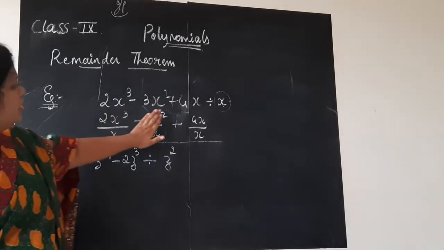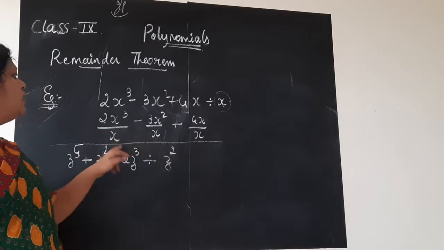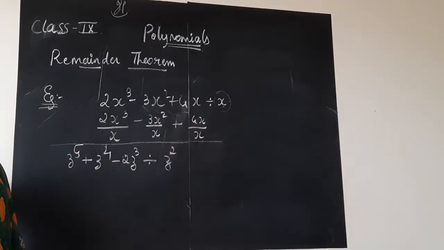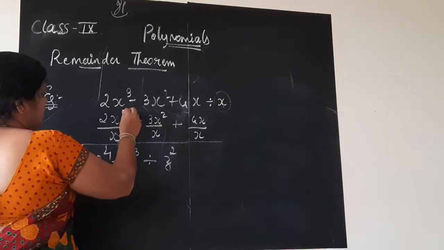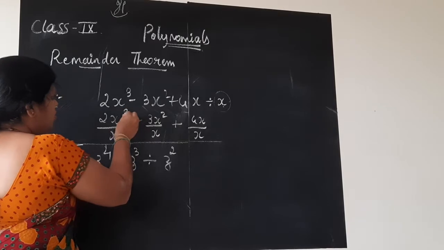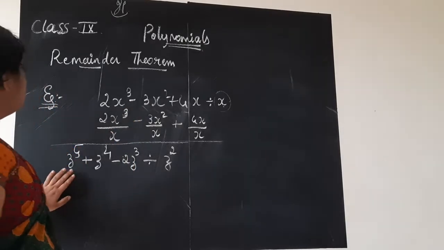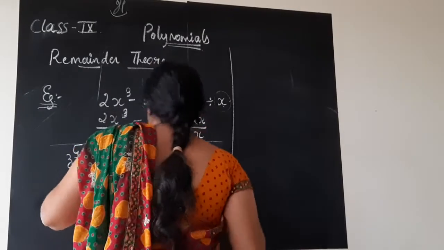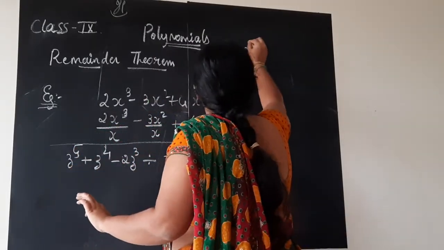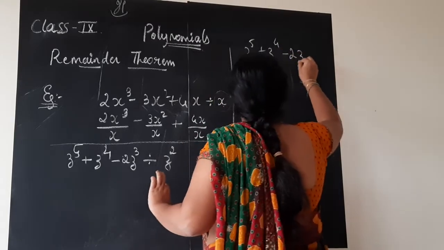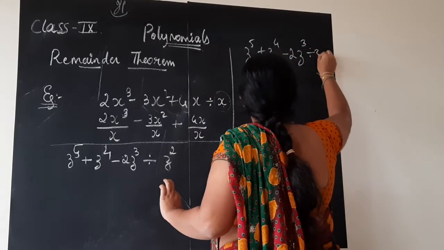So forget about the numbers and concentrate only on the variable, which is x. In the first case, 2x cube divided by x is there. Let me write the second question here as well: z to the power 5 plus z to the power 4 minus 2z cube divided by z square.